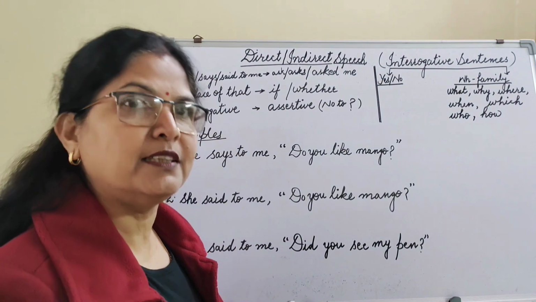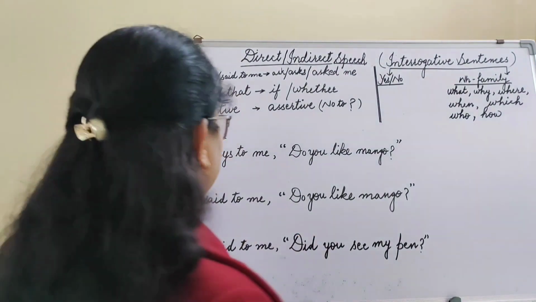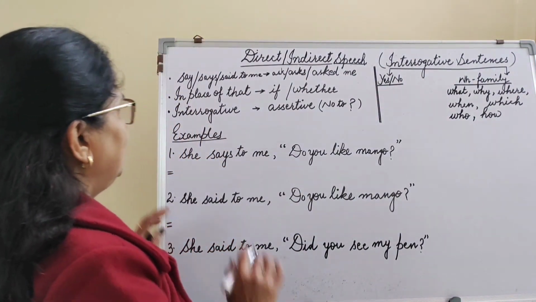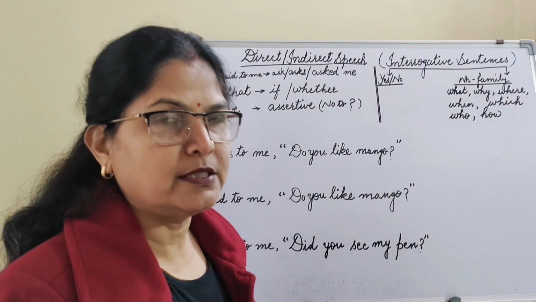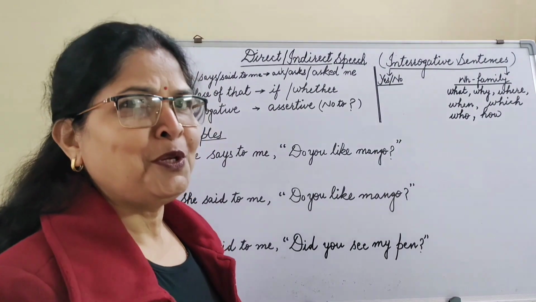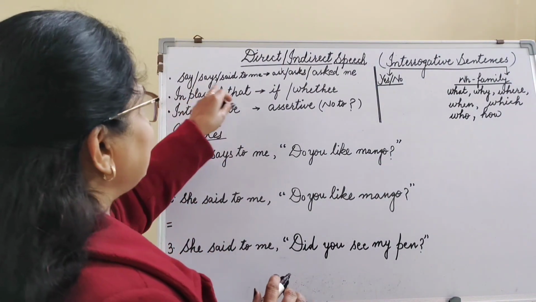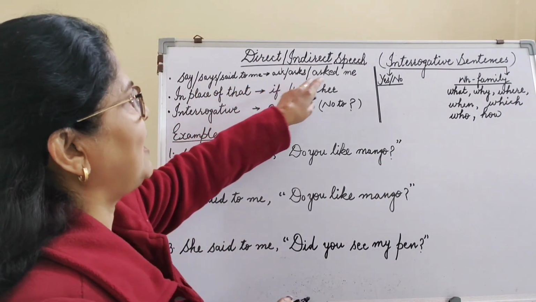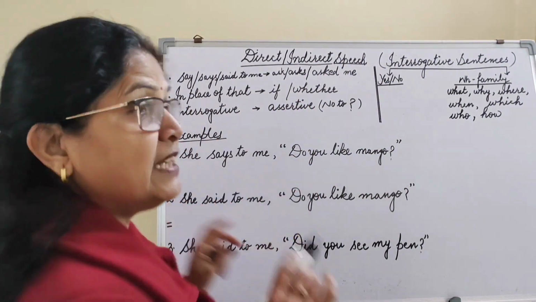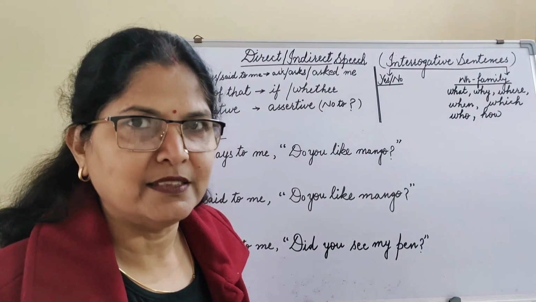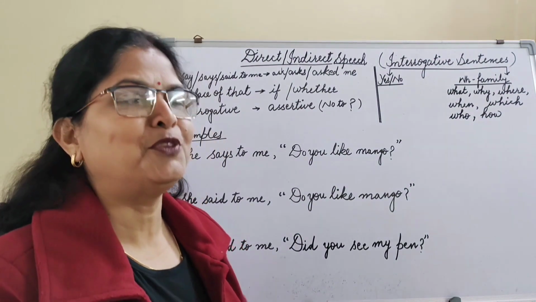Now we will write either if or whether. And third thing, interrogative sentence will be changed into assertive sentence. I hope you have understood. Say, says, said to me will change to ask, asked me, and in place of that, if or whether, an interrogative sentence will be changed into assertive sentence. Is it very difficult? Not at all.